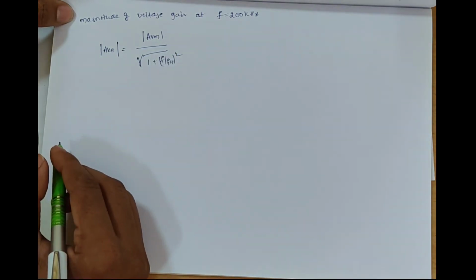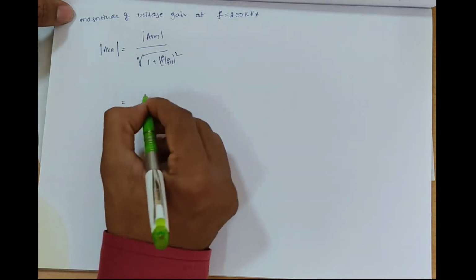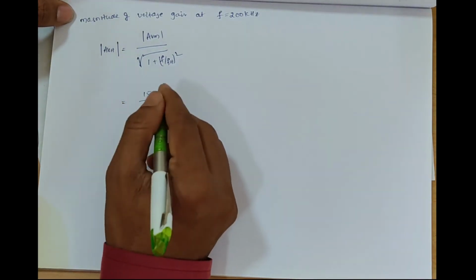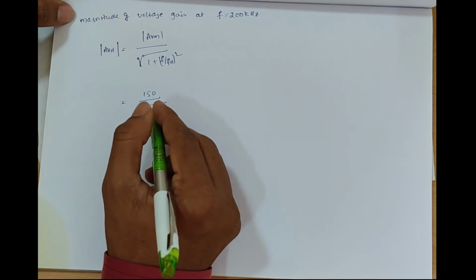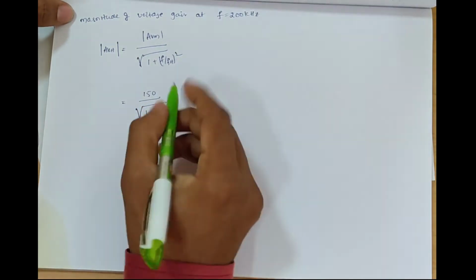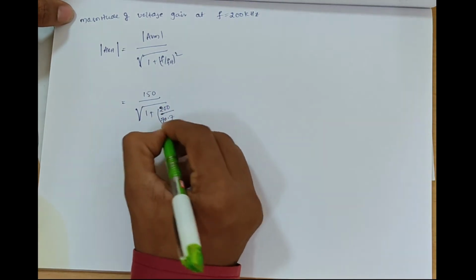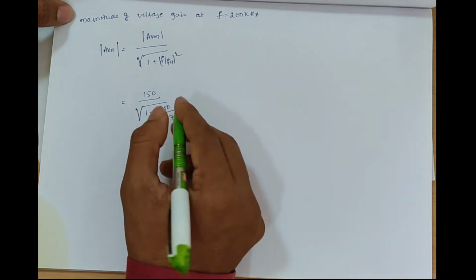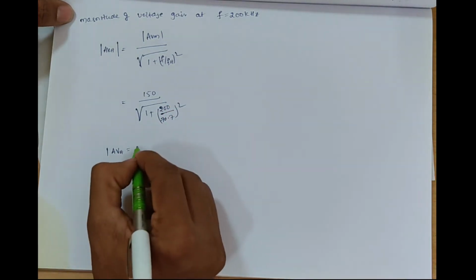We know AVM is already given, the mod value is 150, and F is 200 kilohertz, and FH we just calculated as 70.7 kilohertz. So from this we can write AVH equals 50.